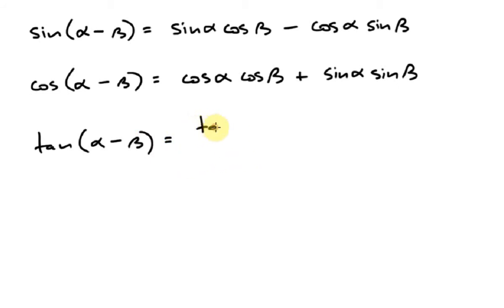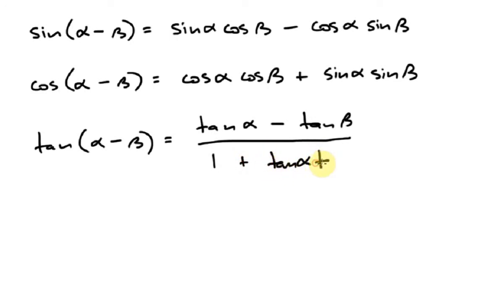It's just got the pluses and minuses switched around. So tan of the first minus tan of the second, and then all over 1 plus the two tangents multiplied together. So those are what the identities are.